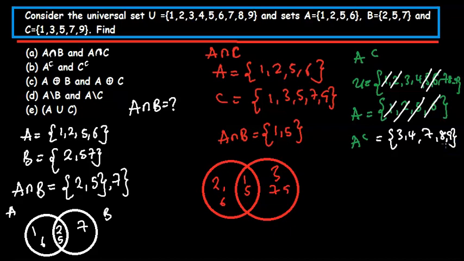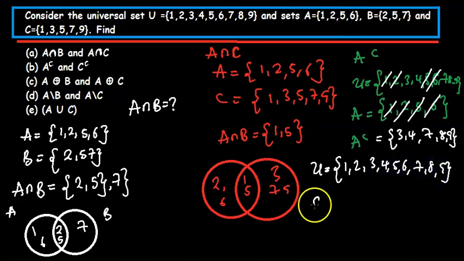We're going to use the same technique to find C complement. In this case, C complement also means it contains all elements in the universal set but not in set C. The same thing, our universal set is simply going to be 1, 2 up to 9. Our set C is what? 1, 3, 5, 7, and 9.